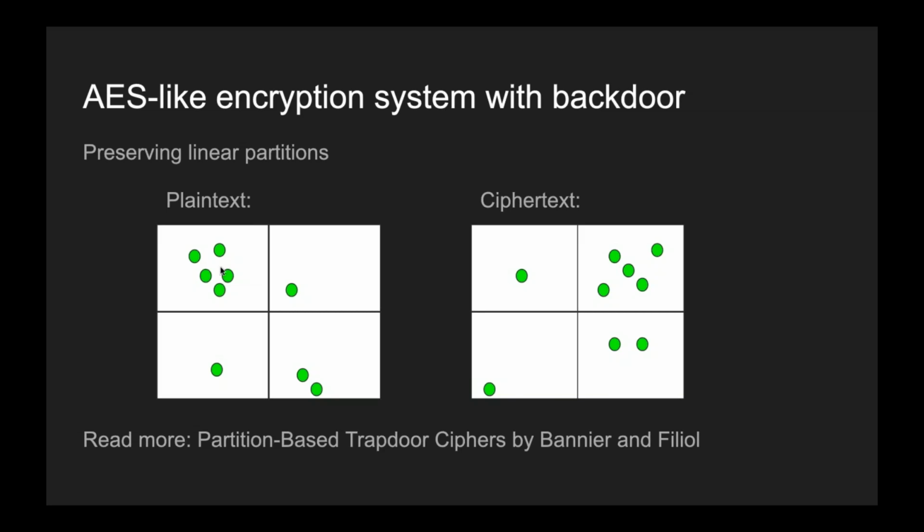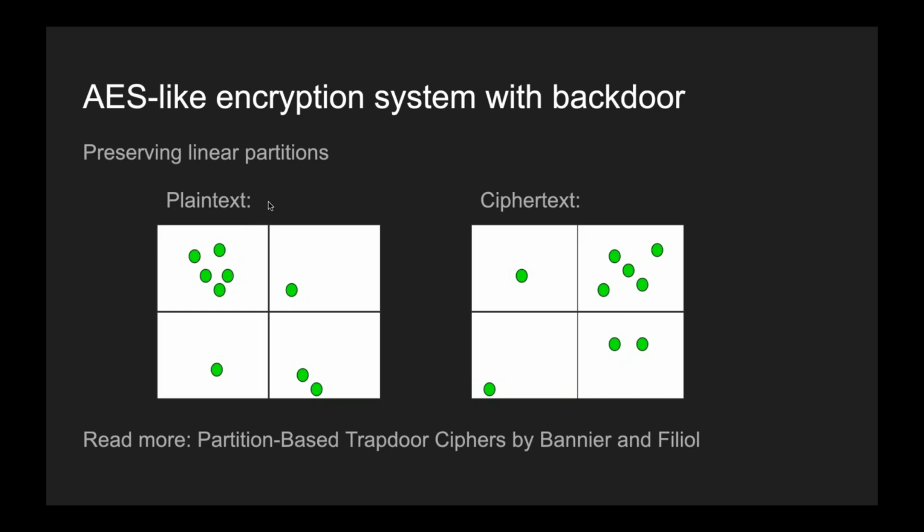Ideally, this should be random, and so all these dots in the plain text should look pretty spread out in the ciphertext. But if you notice in the plain text, there's 5 dots that are clumped together in the top left, and then there's still 5 dots clumped together in the top right in the ciphertext. And the dots stay in each of the quadrants. It moves around a little bit, but the quadrants stay separated.